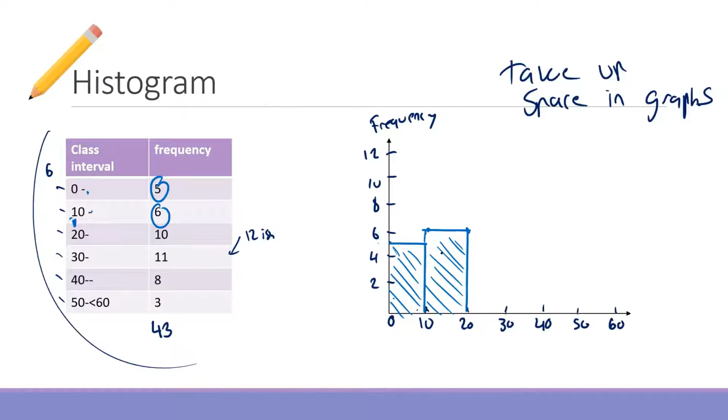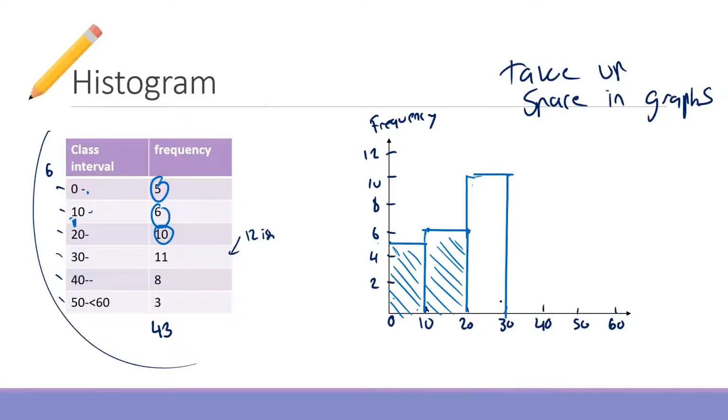Now the next one along we're going to do is the 20 to 30 line, which has got 10 in it. And now I'm going to start going a little bit faster. Might even stop necessarily narrating everything. And you guys, of course, can start doing this on your own.